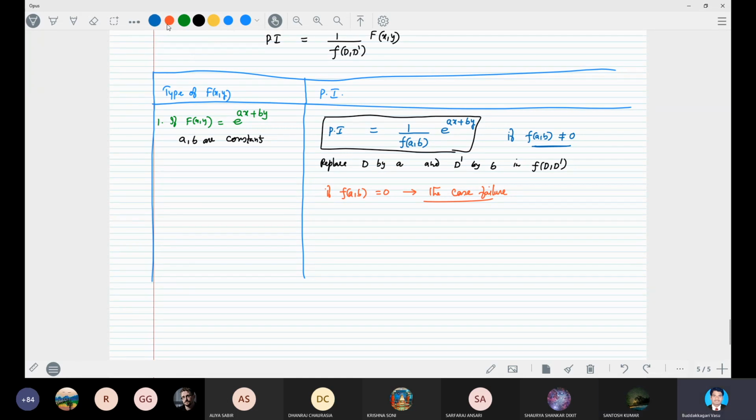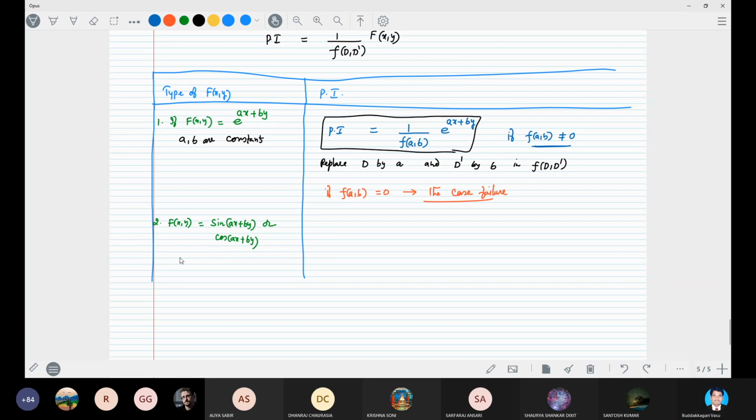Next, go for the next type. The next type is f of x comma y is equal to sine of ax plus by or cos of ax plus by.